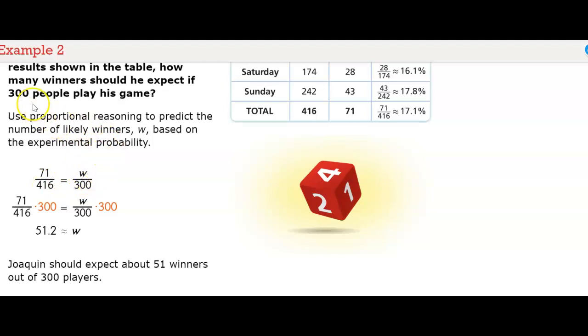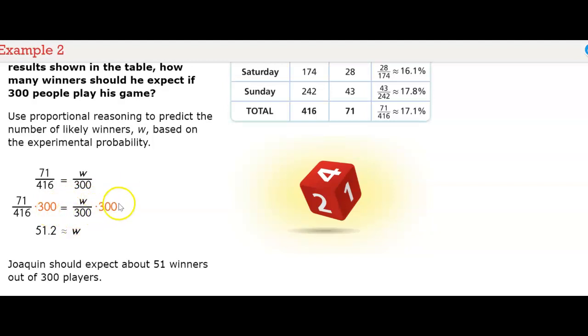If 300 people play this game, here's that 300, we need to solve for W. We want to get W, our winners variable, by itself. So we have to do the inverse of division, which is multiplication. We multiply 300 on both sides of the equation.